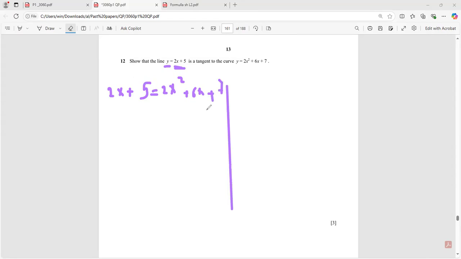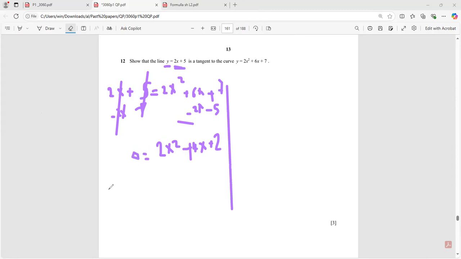Here you're going to subtract 5 and solve the normal equation, and subtract x, so here you have x squared plus 4x plus 2, all of this equal to 0.